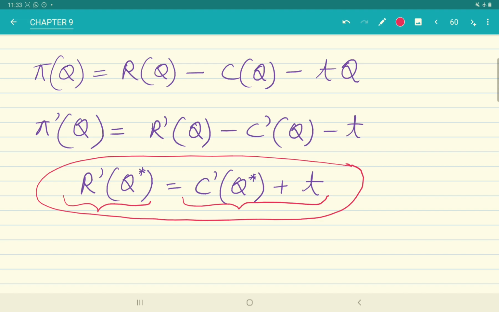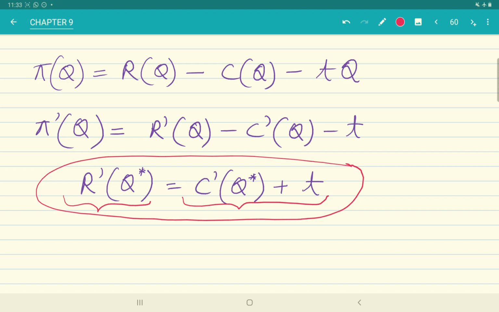Again, we are contemplating increasing production from the level q star by 1 unit, just to get to the intuitive logic. What is it that we gain? What we gain is approximately equal to r prime q star.